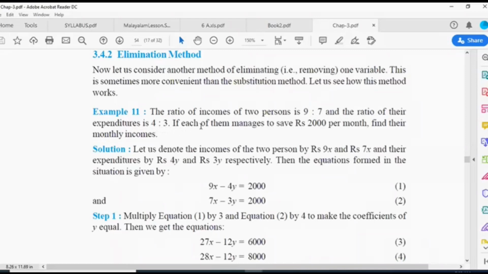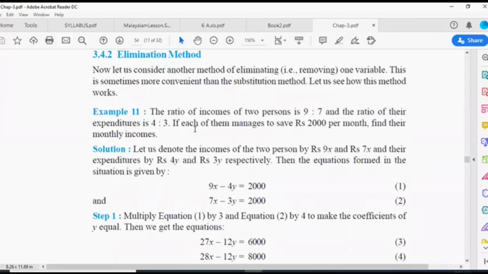So the first person has more income and more expenditure, and both of them manage to save rupees 2,000 per month. After the expenditure, what remains in their hands is 2,000 rupees each. Find their monthly incomes.